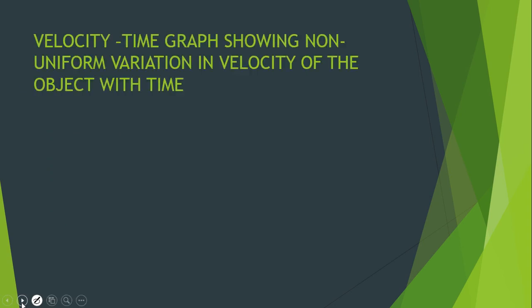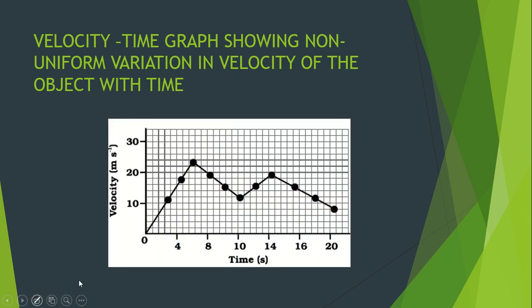Next, we are going to study about velocity time graph showing non-uniform variation in velocity of the object with time. This is very clear from the graph that first part of the graph is a case of uniform acceleration. Then you see the second part, there is uniform deceleration or retardation. Then again some part is showing you acceleration, and again deceleration.